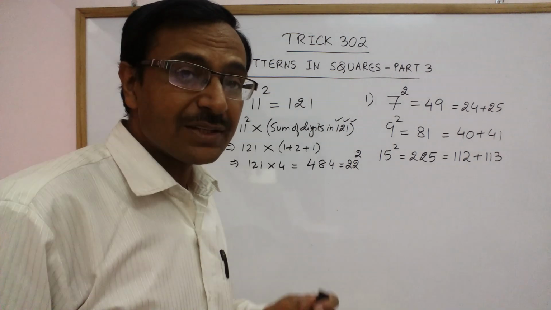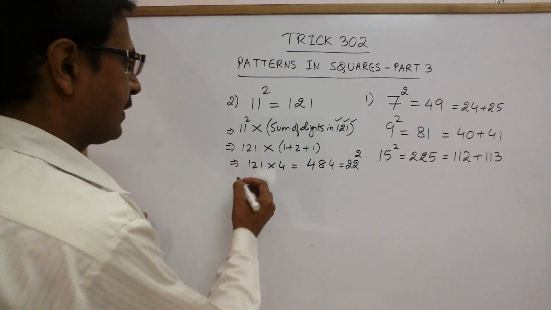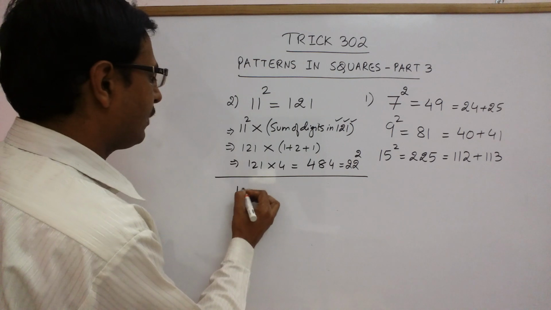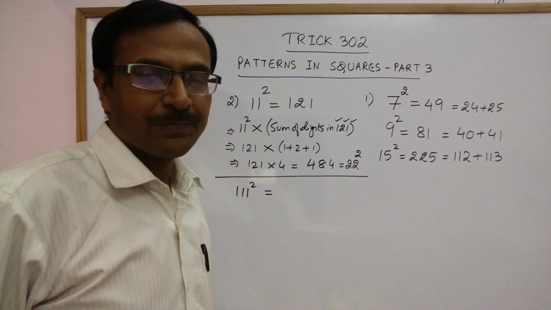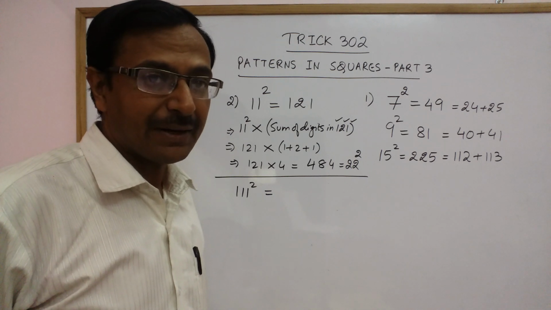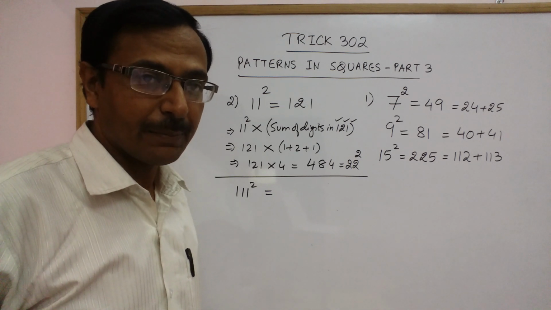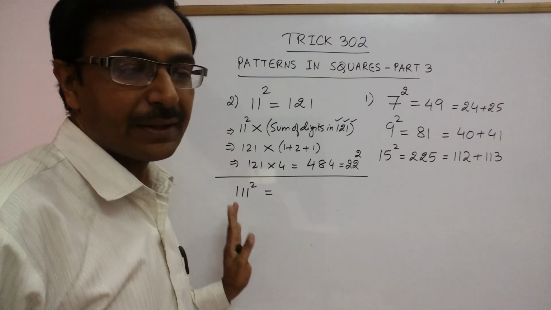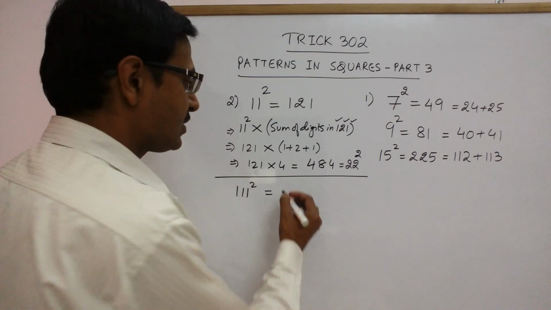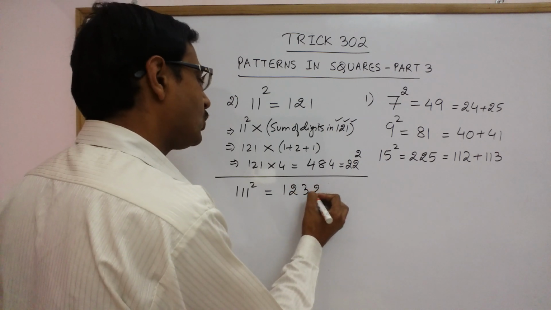Likewise, if you take 3 ones, suppose you take the example of 111. Now the 111 squared, if you are aware of another pattern in the square of the numbers containing only ones, you will know that the square of 111 is 12321.